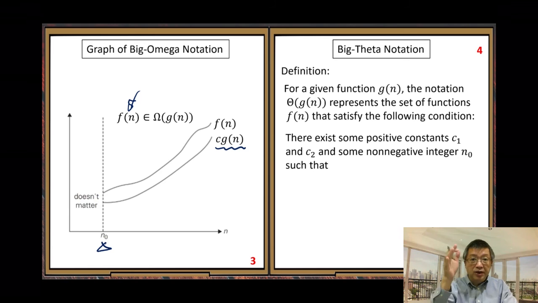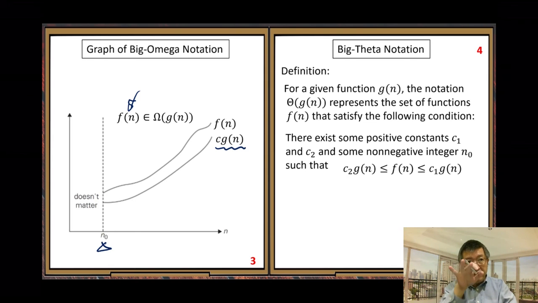There exists some positive constants C1 and C2 and some non-negative integer n0 such that C2 g of n less than or equal to f of n less than or equal to C1 g of n.